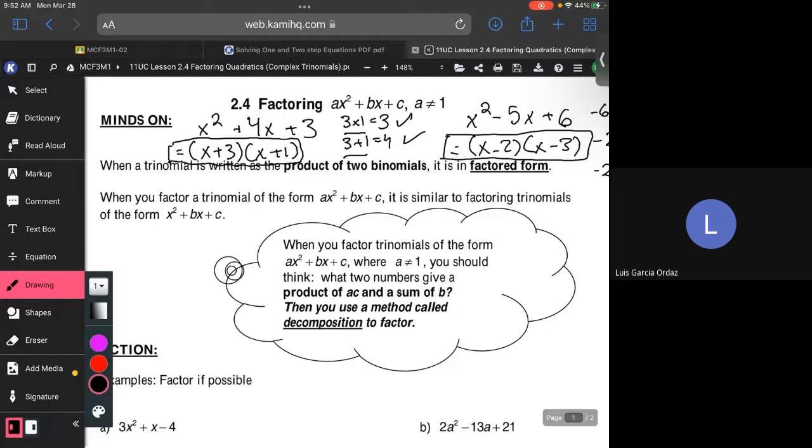However, when you factor a trinomial of the form ax squared plus bx plus c, where you have a number as your a, it is similar to factoring simple trinomials. It's the same way you go about factoring, except there are two strategies that we can use.